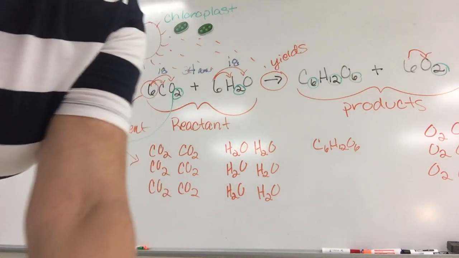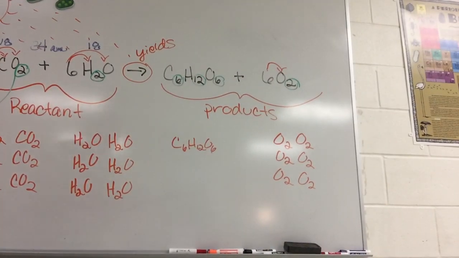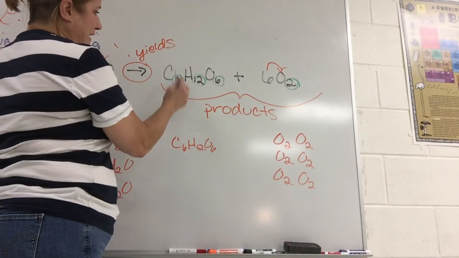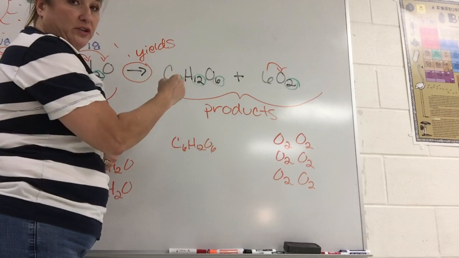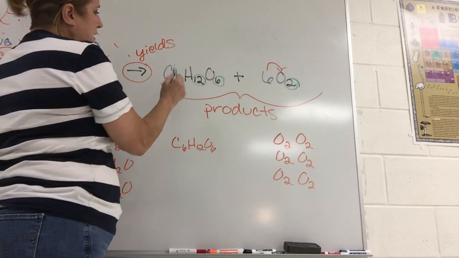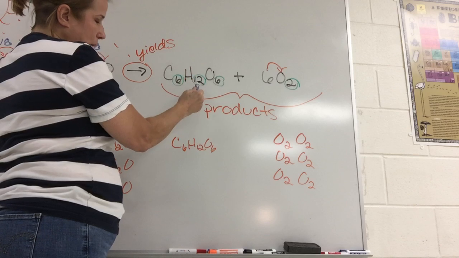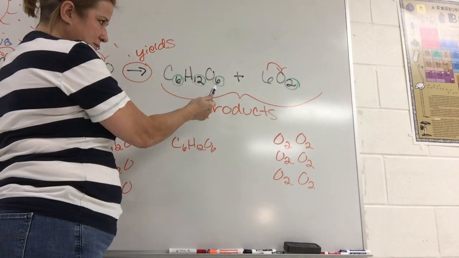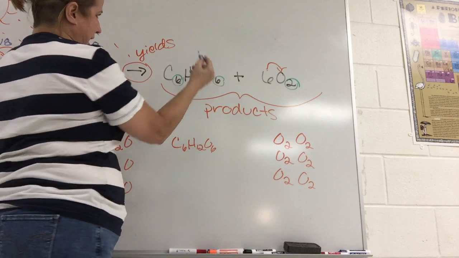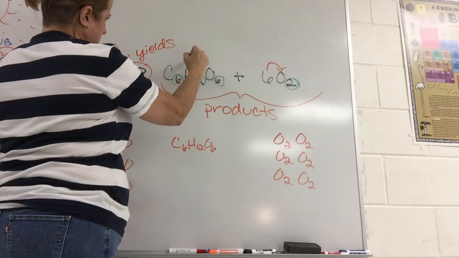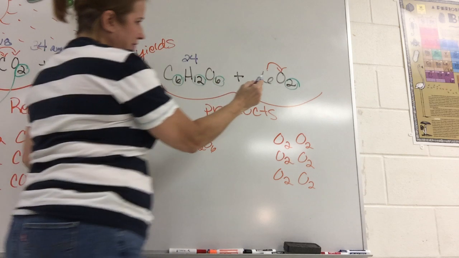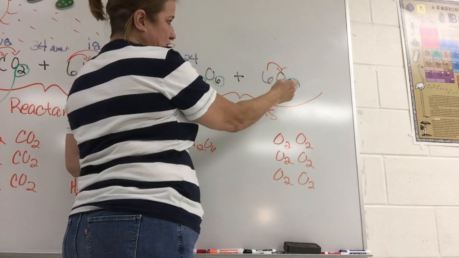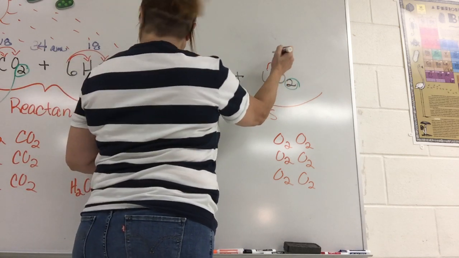Now, let's switch to the product side. So here I have 6 atoms. There's no coefficient, so I don't have to multiply anything in. 6 atoms plus 12 atoms is 18 atoms, plus 6 more atoms is 24 atoms. And then simple multiplication, 6 times 2 is 12.